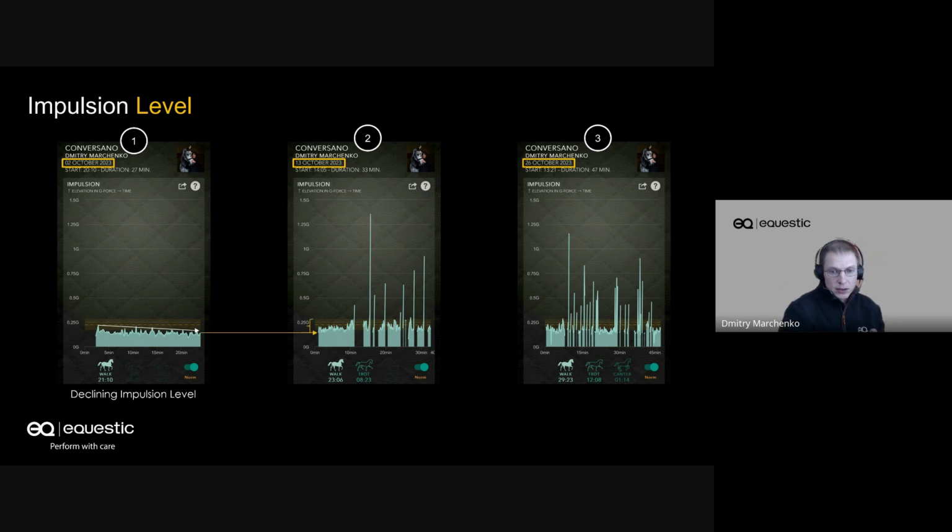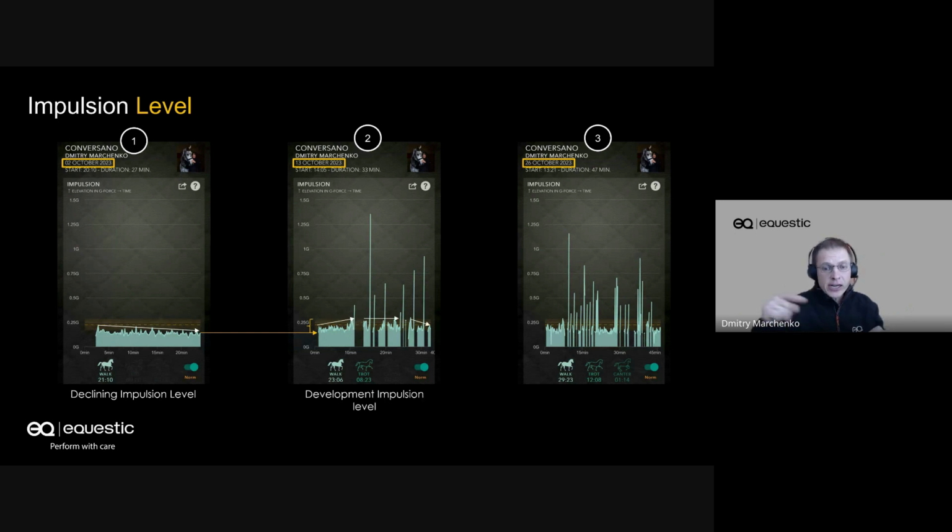Then if you compare it with the next session, it was not the next day, it was 2 weeks after, like the 13th of October in this case. You can see that the level of impulsion right at the beginning is stronger than it was 2 weeks before. So the horse started the training session stronger, and you can see even more during the time of this training session.